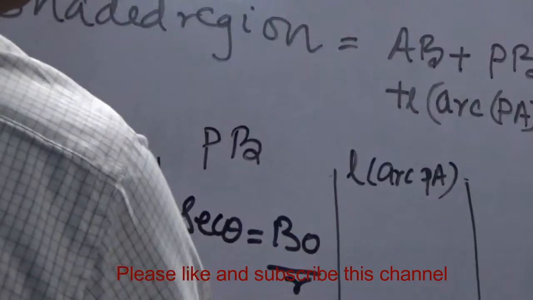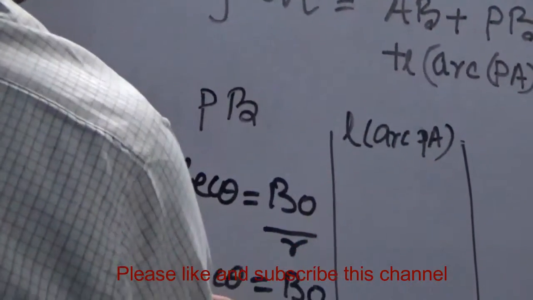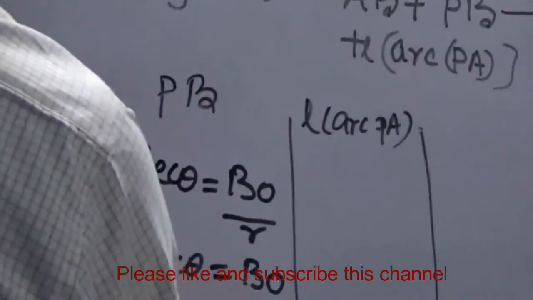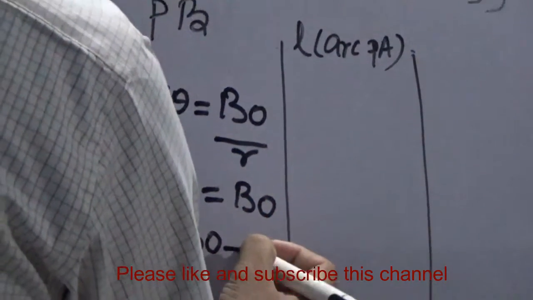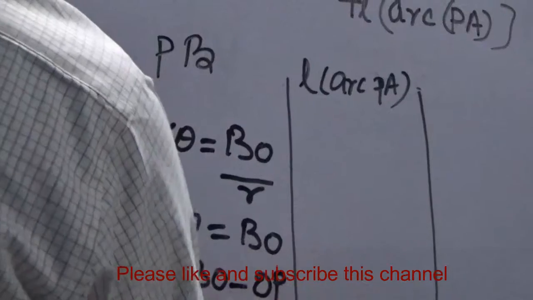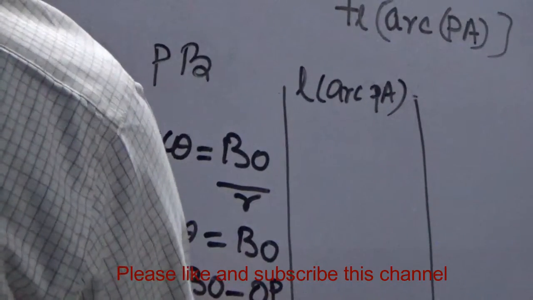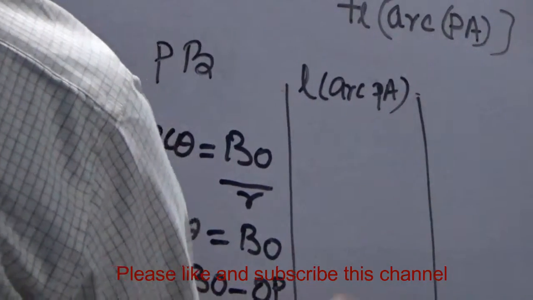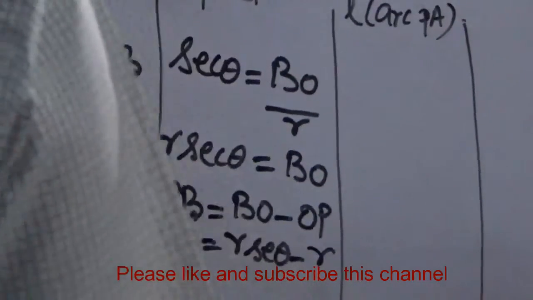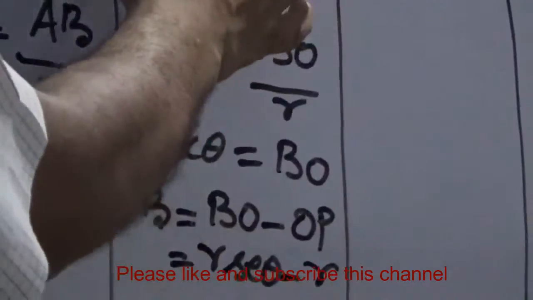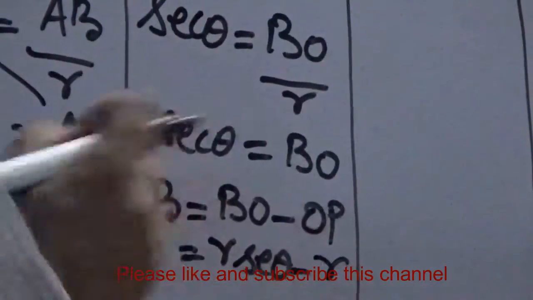Now we have got BO. Since we have to find PB, PB is nothing but BO minus OP. BO we already have as R sec theta, and OP is also the radius, so we can simply put R. So here we have got the second term PB also.